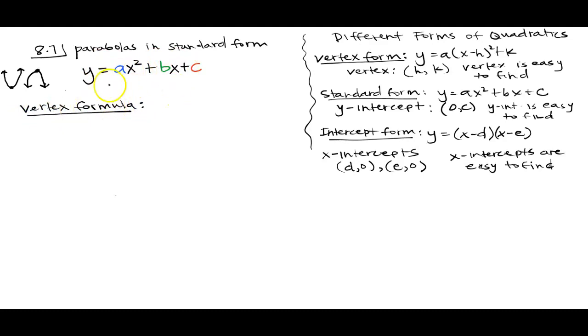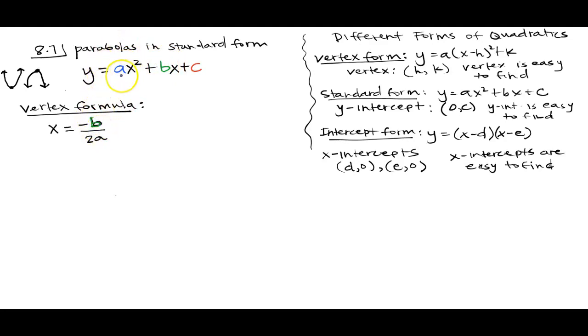To find our vertex, we have to use this vertex formula. To find the x value of our vertex, we put in the values we have up here. It's negative b over 2a. That b written here is the b I'm talking about in this formula.